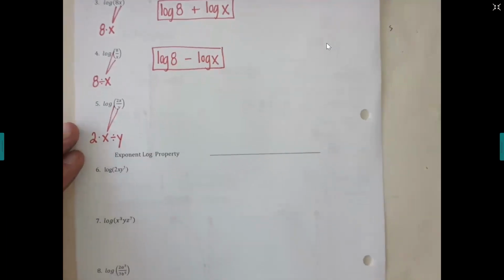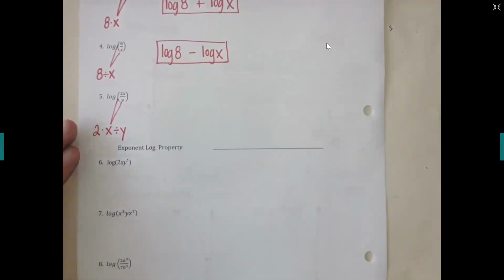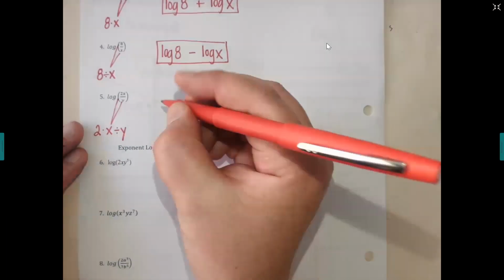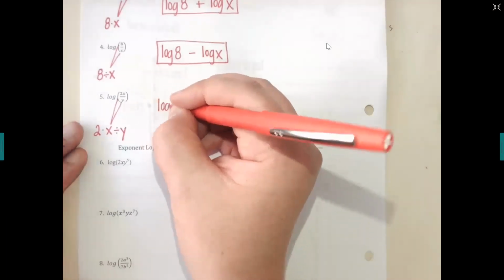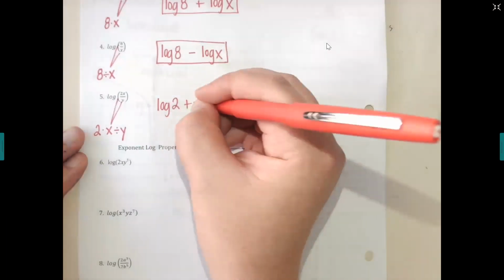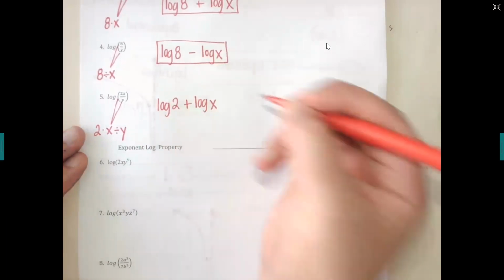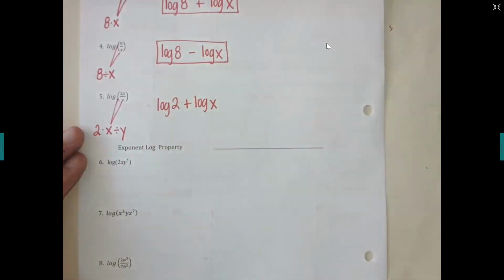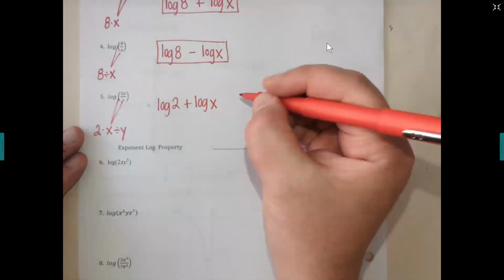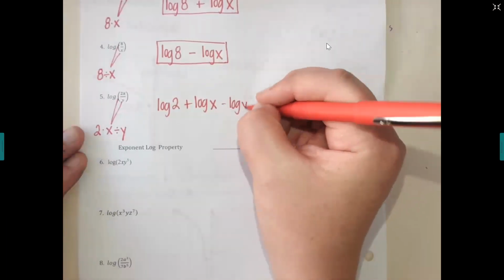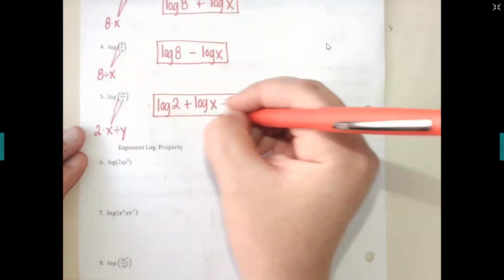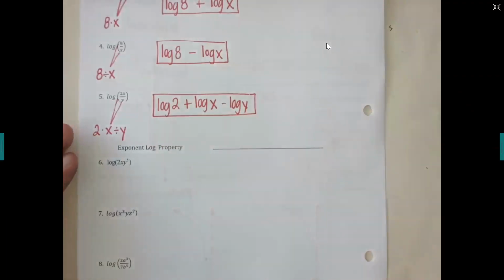So I need to split that into 3 separate logs. So I'm going to have log 2 first. Will I add or subtract x's log? Because x is multiplied. Okay, so add is correct. Will I add or subtract y's log? Subtract. Okay, easy? Okay, there's only one more rule.